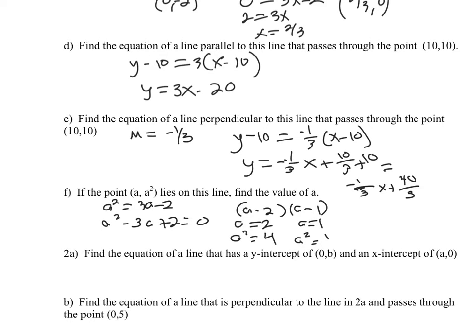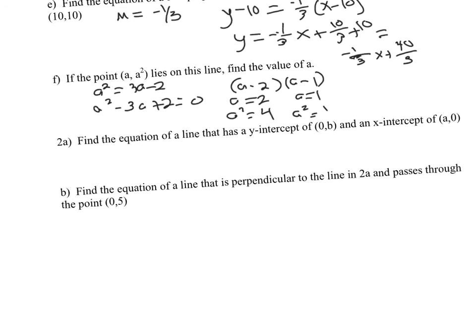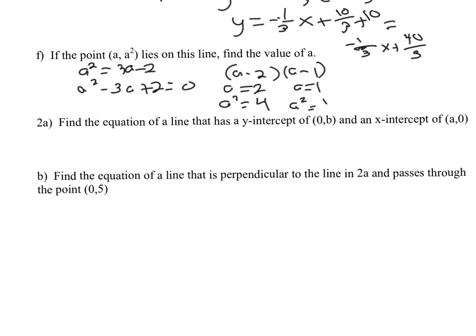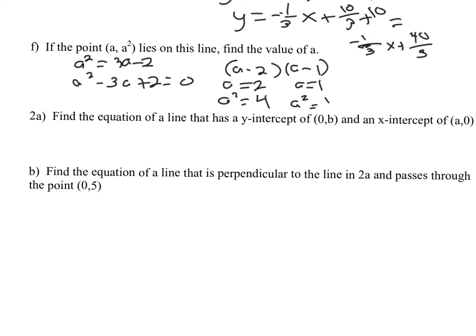Now we're finding the equation of a line that has a y-intercept of (0, b) and an x-intercept of (a, 0). Immediately we can just plug into the intercept form, x over a plus y over b is equal to 1. Let's put it in standard form by multiplying by the least common multiple of a and b, which would be ab. That gives us bx plus ay is equal to ab, so that would be standard form.